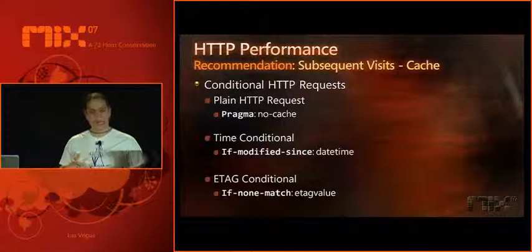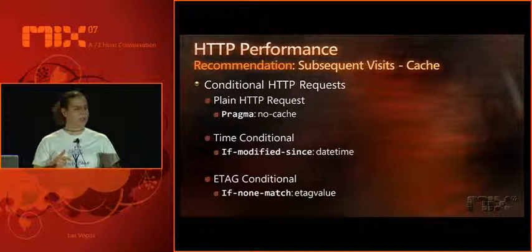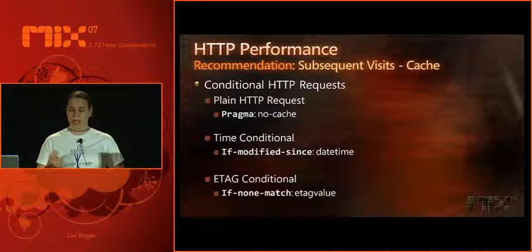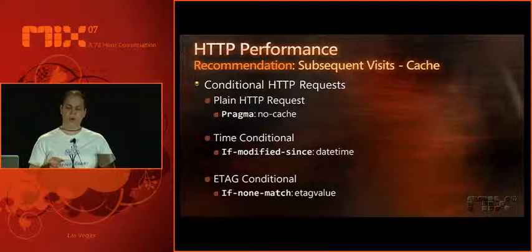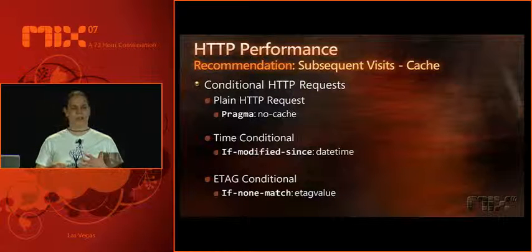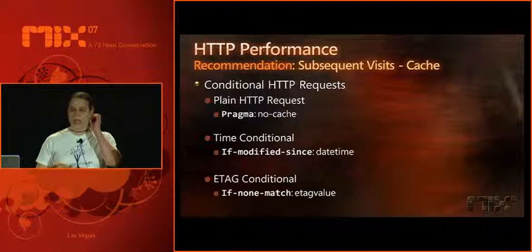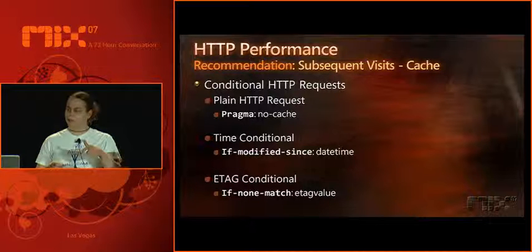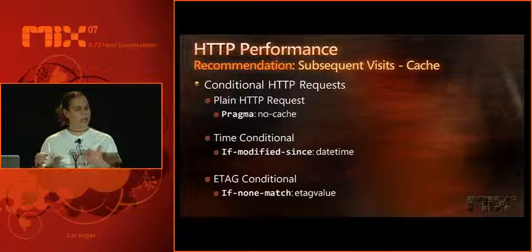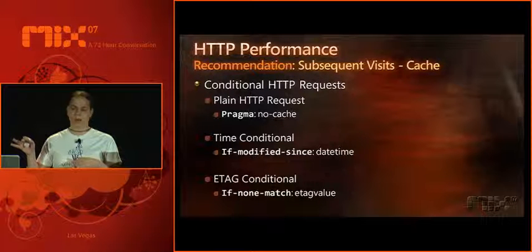And one of the main tools that you can use here are conditional HTTP requests. You can have a plain request with no cache, but that's really not going to give you anything. You could use time conditional requests, and you can essentially store resources that you use over and over again in the cache, so that further pages or different pages in your app can wind up hitting the cache instead of going across the web.